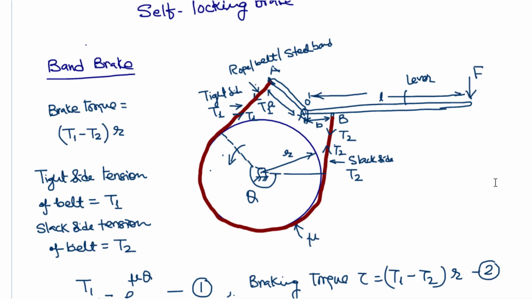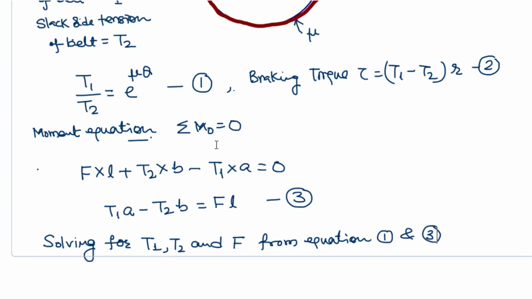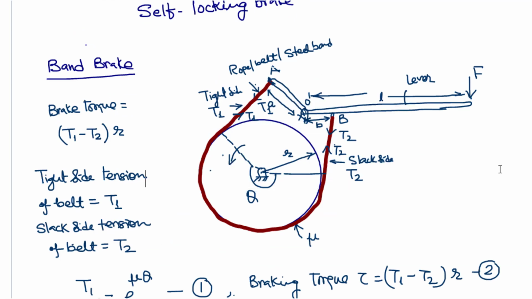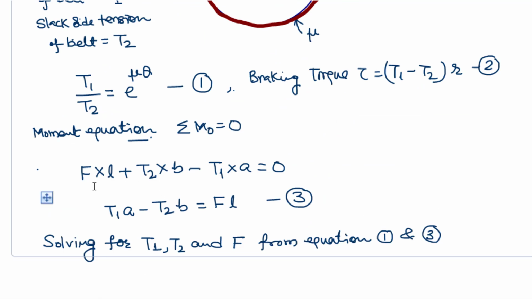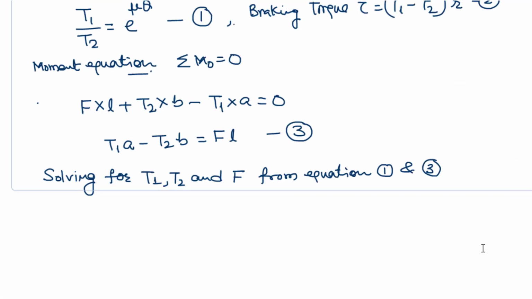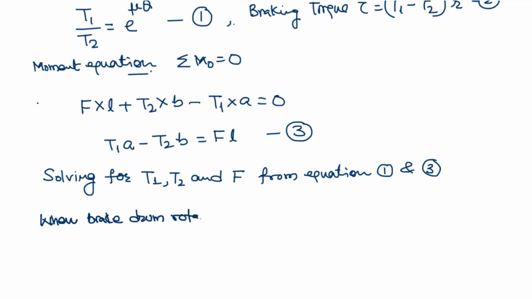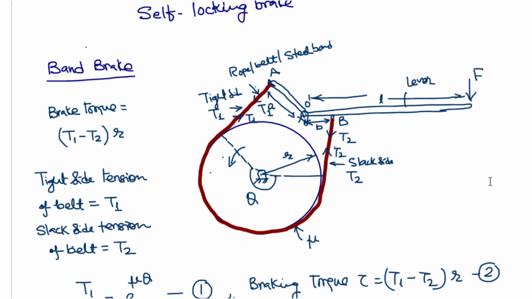If it rotates in the anti-clockwise direction, then T1 becomes T2 and T2 becomes T1, meaning the slack side becomes the tight side and the tight side becomes the slack side.